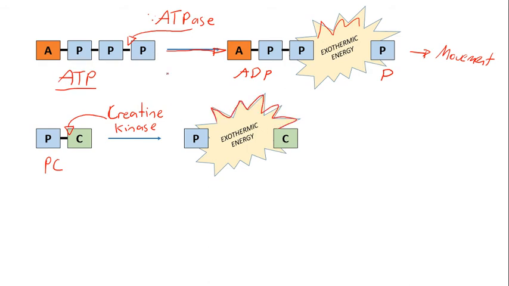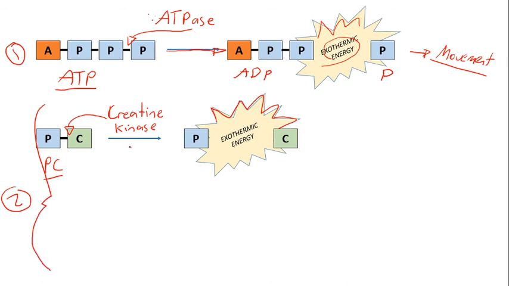So these enzymes help break down these compounds of ATP and phosphocreatine in order to release energy. Now in this first section up here, or first step, we break down ATP to release our exothermic energy to create movement. That's a separate process. The second process, and there is a third one to come, that is the drawing.